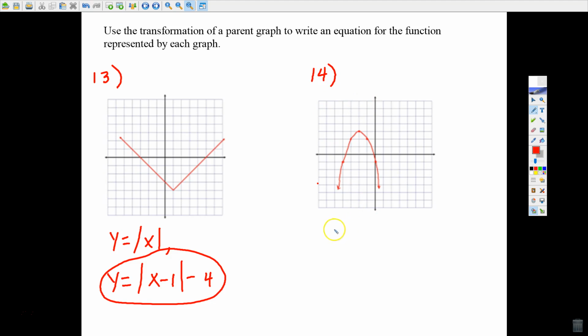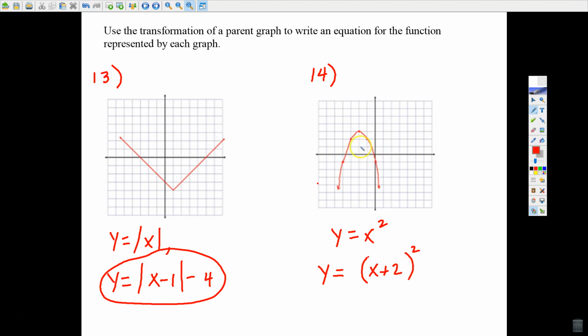Number 14 involves the parent y equals x squared. And there's actually 3 things that are happening. We've moved left 2, we went up 3, and then we reflected it over the x-axis. So the way I put all that together is, here is my shift of left 2.